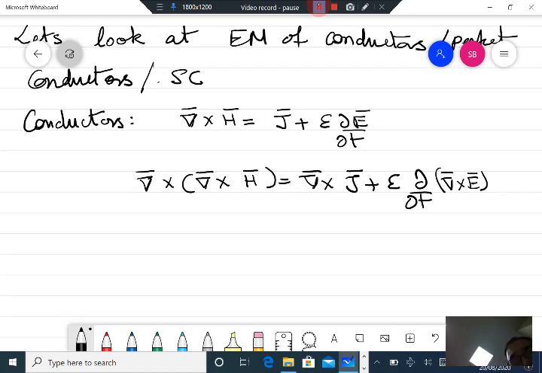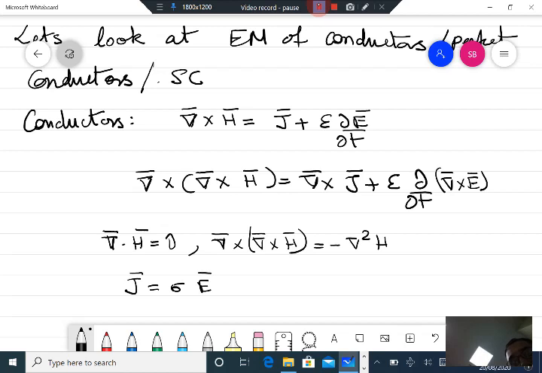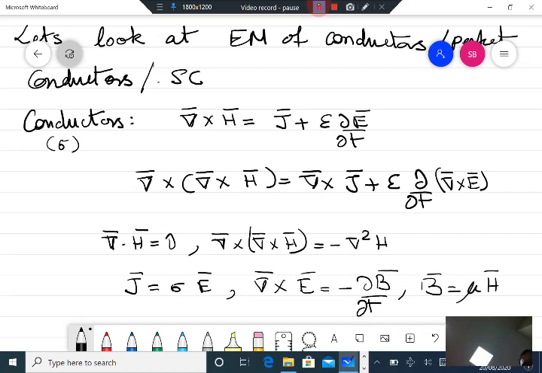Now you can use the expression that divergence of H is equal to 0, so curl of curl of H will be minus del square H. J, you should use as sigma times E, where sigma is the conductivity of the conductor. Curl of E is minus del B by del t, and B is equal to mu H.